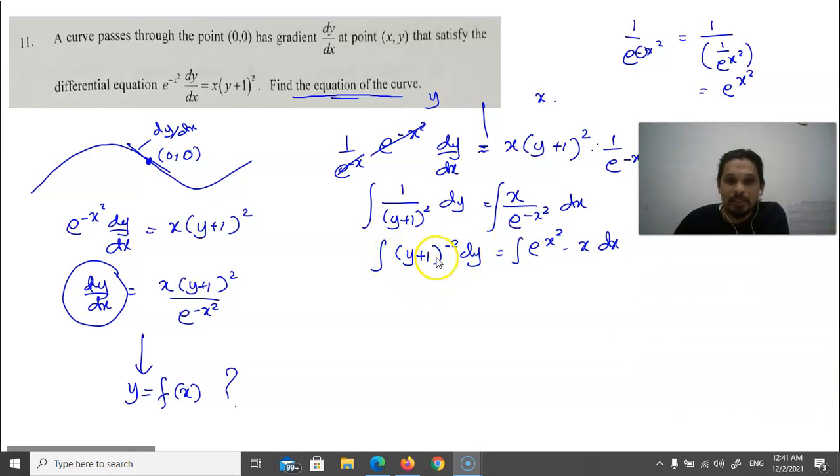Now the integral of this. You still remember? Please refer to chapter 1, integration.